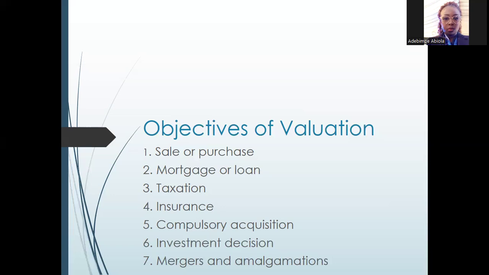Let's put resources together. And during the course of pooling resources together, it gives you information that you are coming with 40%, another person is coming with 20%. So in a way, it gives you a broader view of how the sharing ratio should be.